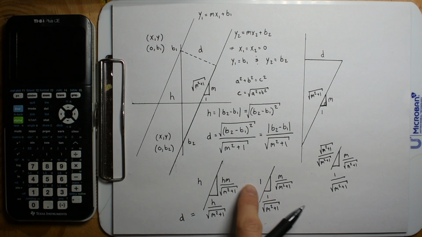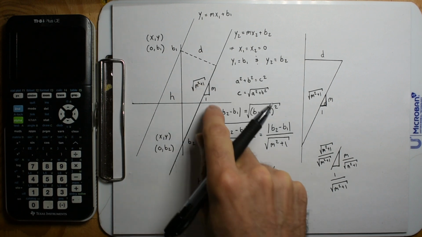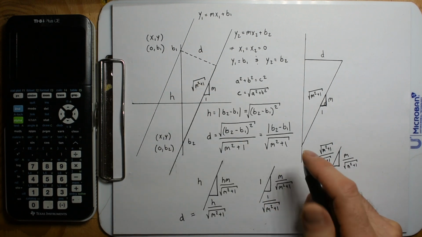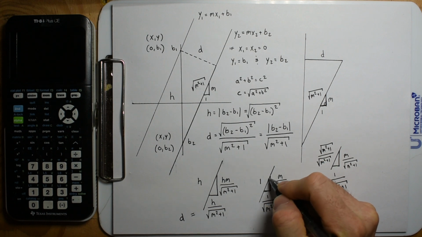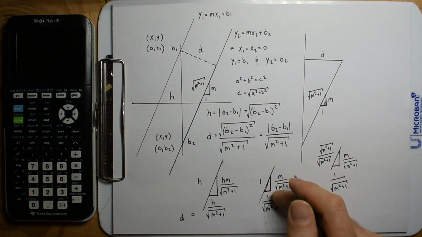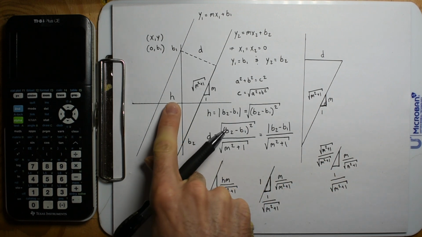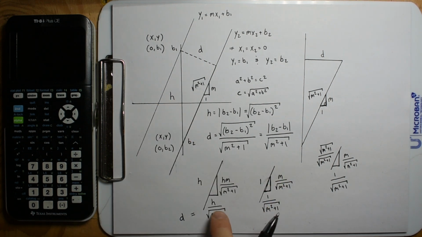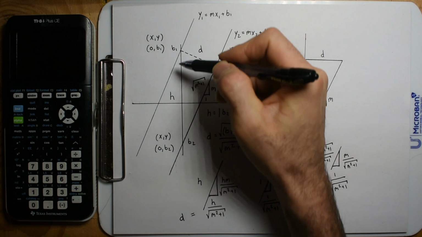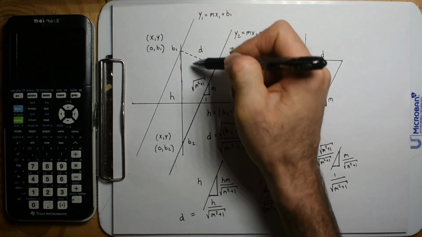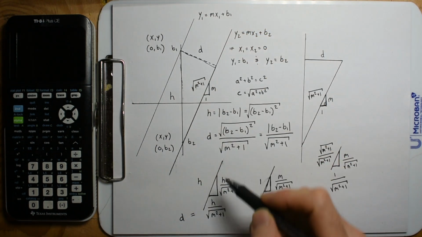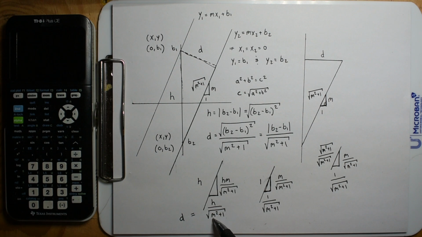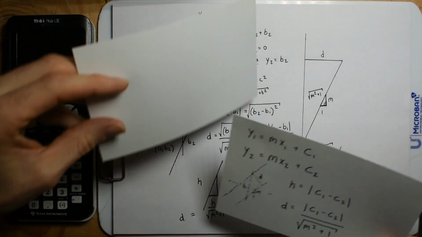Now this is a unit triangle with a hypotenuse of 1, and we have a hypotenuse of h, so we can multiply this whole triangle by h. When we do so, we know the sides of its components. If this is the hypotenuse, now we know this side: it's h divided by the square root of m squared plus 1.